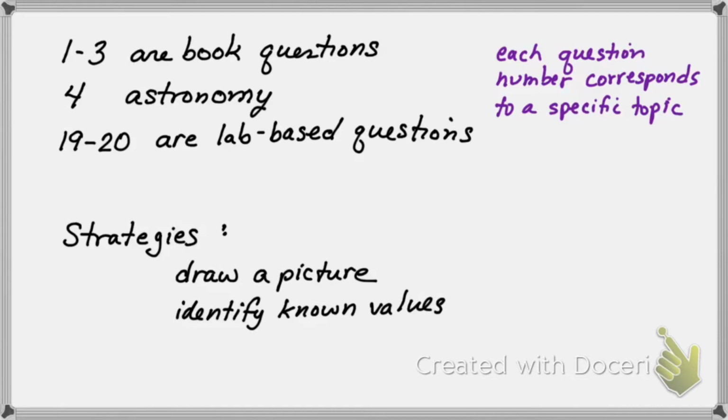Do I know the acceleration? Do I know the final position? Do I know the time it took for something to happen? Do I know the mass of the object? These are things to write down. Kind of collect them together because they're going to help you understand which formulas to use to solve the problem.